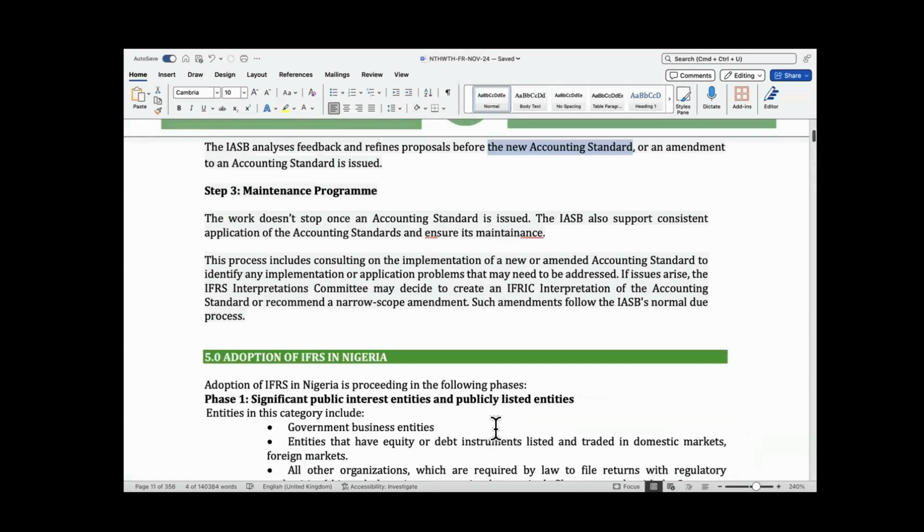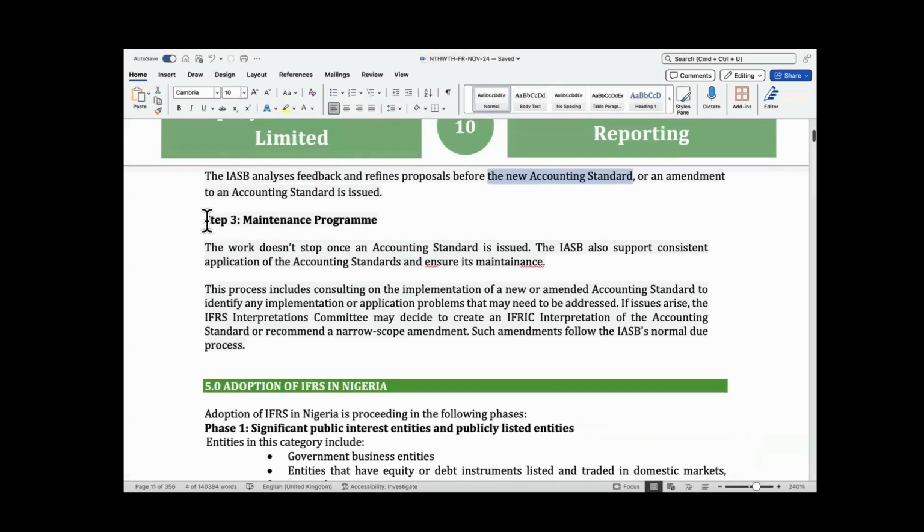However, it doesn't end there. The process of developing standards continues with the maintenance program. So they maintain it, and when I say maintain, they call it post-implementation review. They carry out post-implementation review, and this is just to see that people can easily apply and interpret the standard.